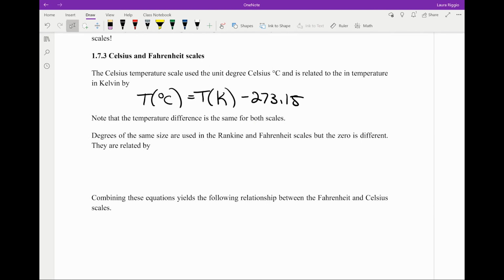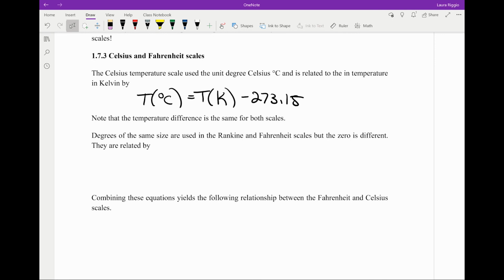The difference in temperature in both the Kelvin and Celsius scale are the same. So if you're doing a problem that involves the change in temperature, then you don't have to convert, but otherwise temperatures are in Kelvin.